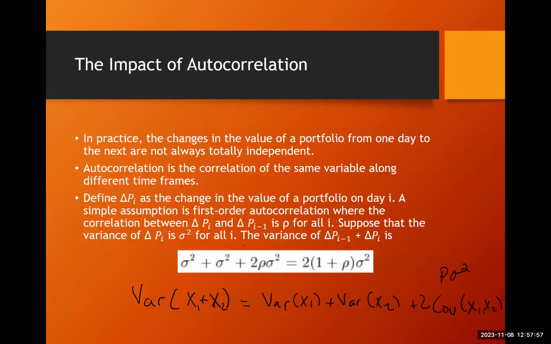So this p-looking character is actually rho, and that is the correlation coefficient, which is the same thing as the autocorrelation.